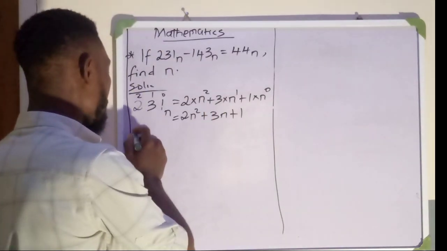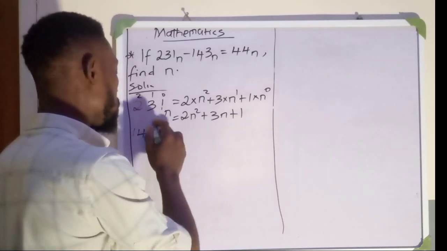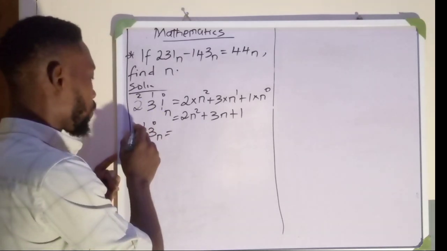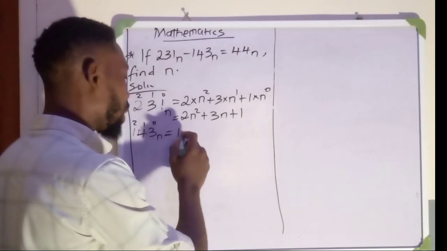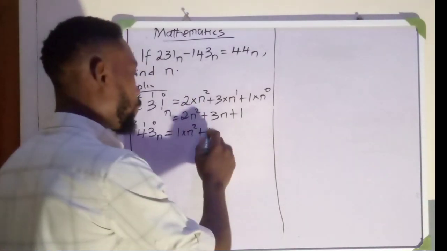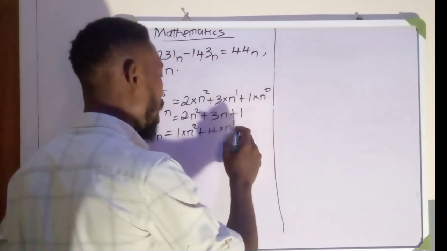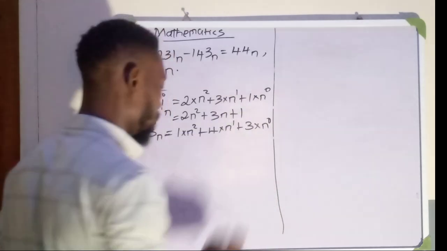Then the other number, 143 in base n, is equal to, this is power of 0, power of 1, power of 2. So this is equal to 1 times n to the power of 2 plus 4 times n to the power of 1 plus 3 times n to the power of 0.